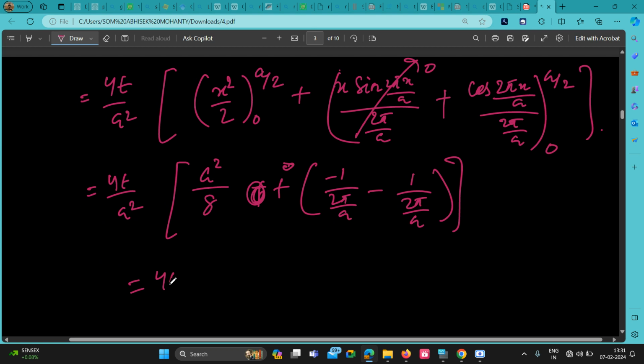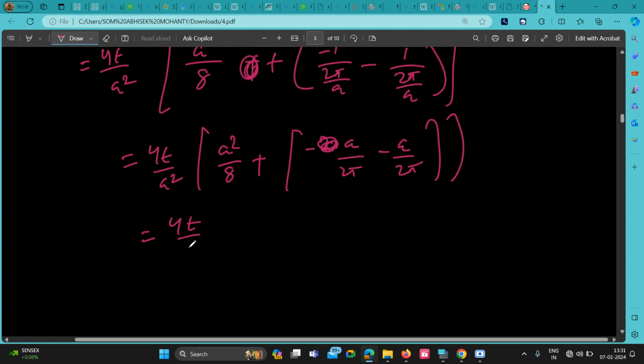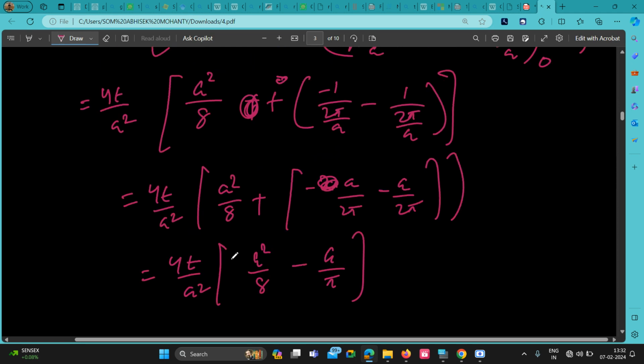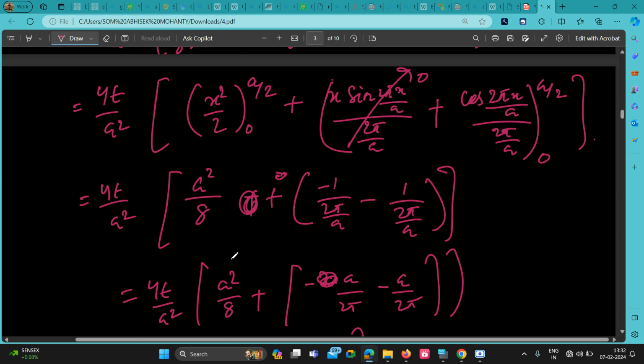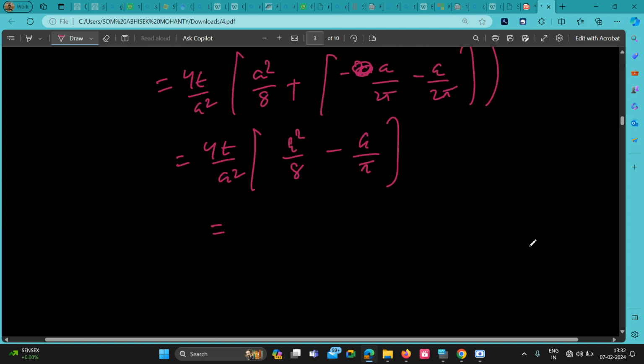So that will be 4 epsilon by a square times a square by 8 plus minus 2 over the square of 2 pi by a, which is minus a square by 2 pi square. So if you see, a square by 8 is minus a by pi. Okay, it's right. So a square will be cancelled: 4 epsilon by a square into a square by 8, minus 4 epsilon by a square into a by pi.